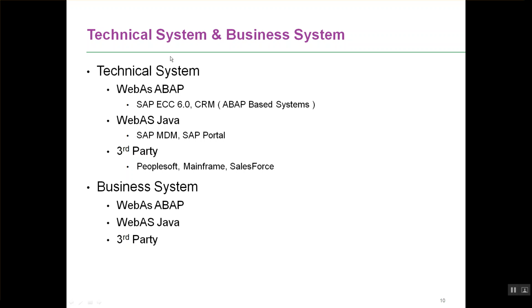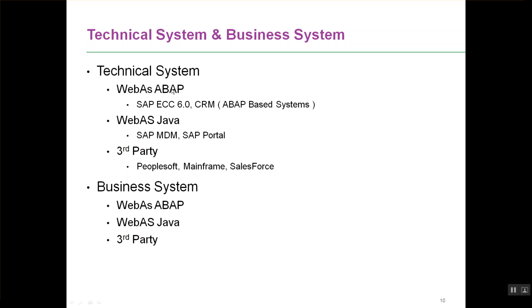Okay? So to summarize, technical systems are classified into three types: web-based ABAP, web-based Java, and third-party. And likewise, business systems are classified as web-based ABAP, web-based Java, and third-party. A web-based ABAP system can have multiple business systems. The relationship between a web-based ABAP technical system and a web-based ABAP business system is 1:n.